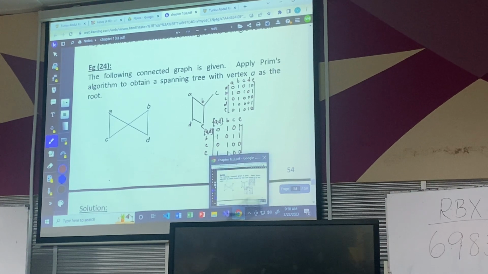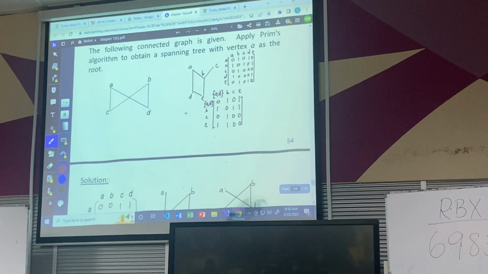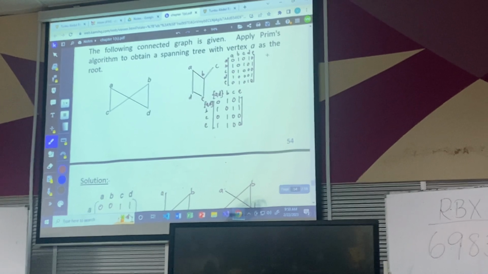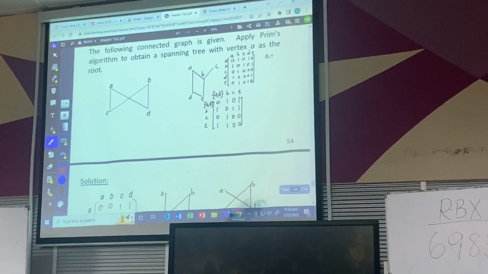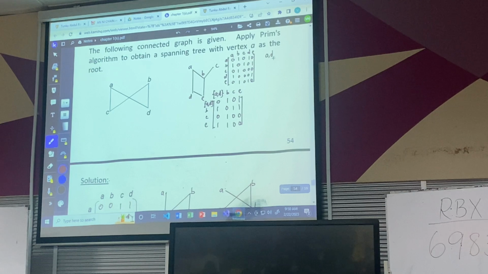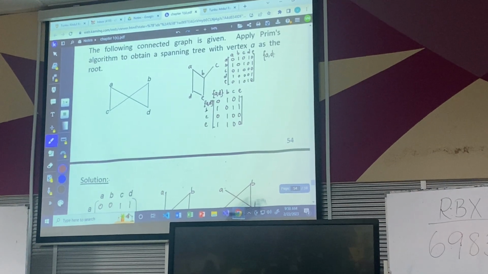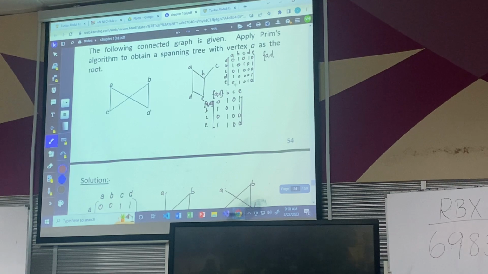The next one is combine the AD with B or E. So you want AD with B or AD with E? B. So ADB here, ADB here.